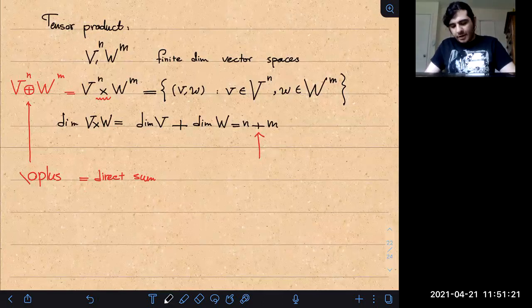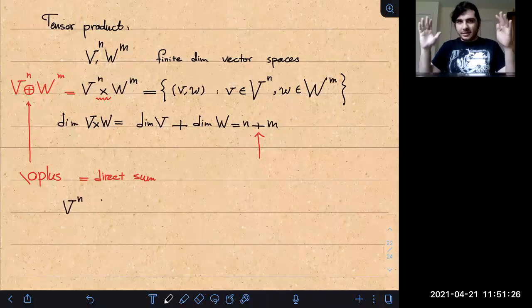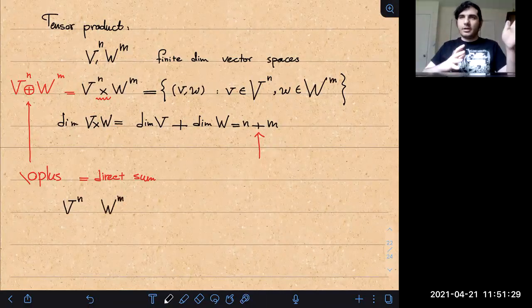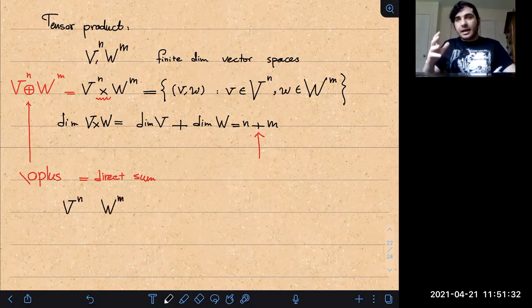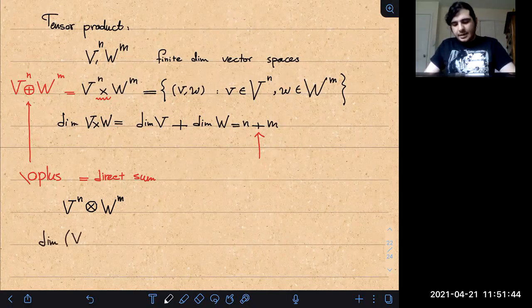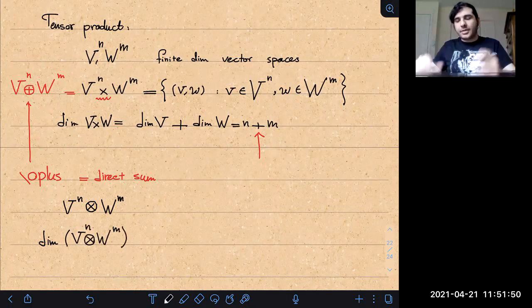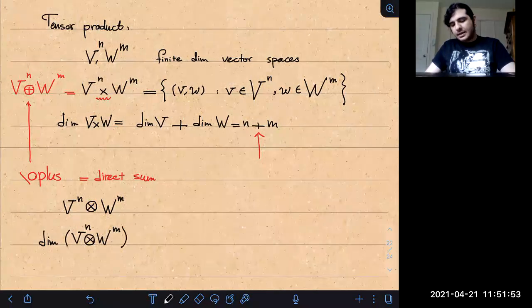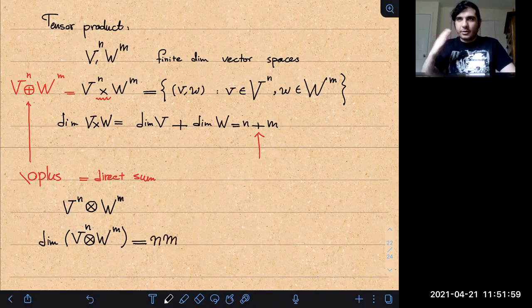So for any two finite dimensional vector spaces V and W, which here we are assuming are defined over the same field, for example, R or C, there is another vector space called the tensor product of V and W, V tensor W. And the point about this one is that the dimension of this tensor product of some n-dimensional and some m-dimensional vector space is n times m. So it's more like the product on vector spaces somehow, right?